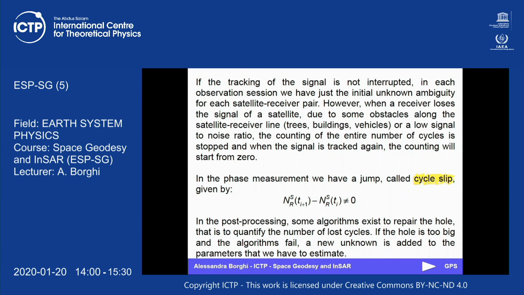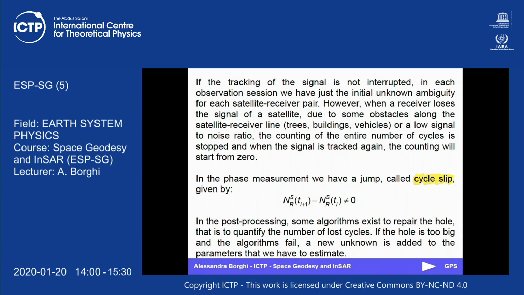Sometimes it's a short interruption due, for instance, to me walking around the GPS antenna and causing some interference with the signal. This is very short. So the software that processes GPS data can repair this gap in our data.